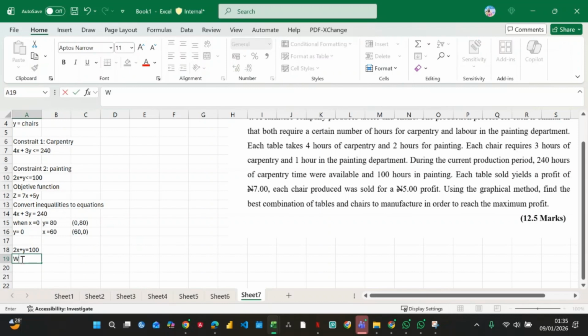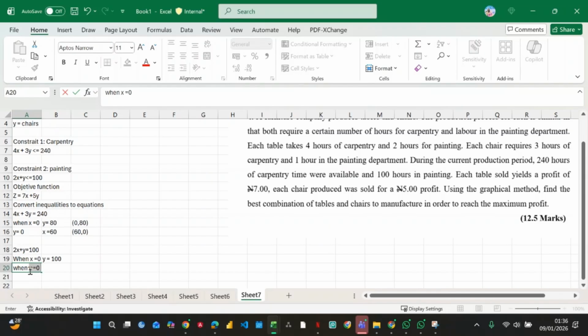So we now do the same thing here. When x is equal to 0, what is our y? y is equal to 100. Yes.